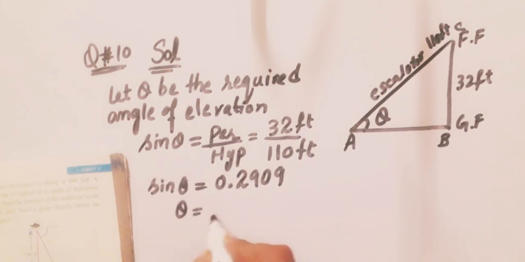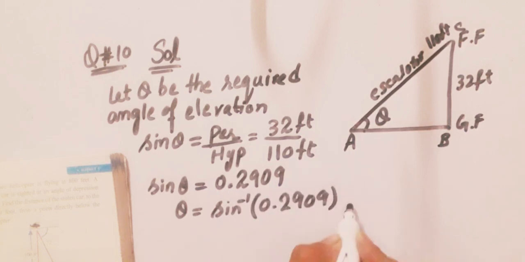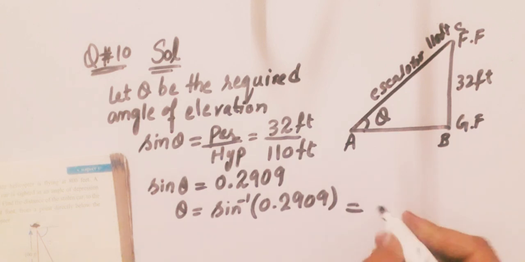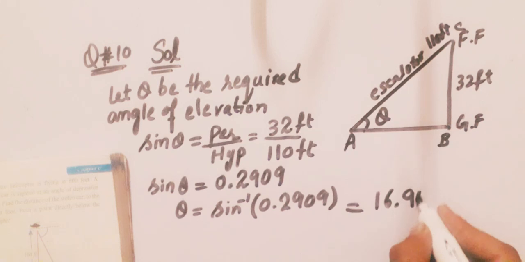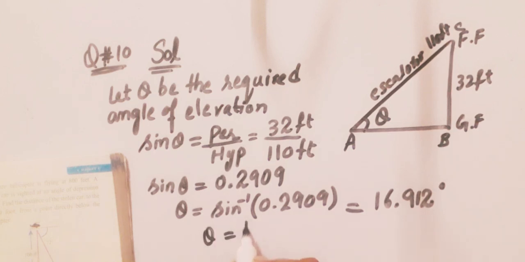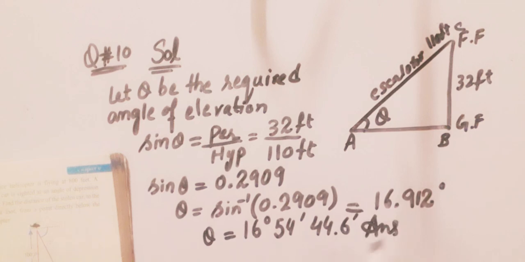So theta is equal to sine inverse of 0.2909, which is equal to 16.912. Now you will convert this angle into minutes and seconds. So theta is equal to 16 degrees 54 minutes and 44.6 seconds. So this is the answer.